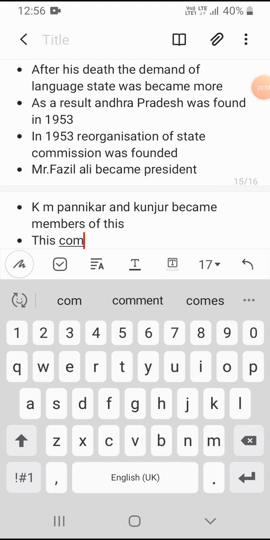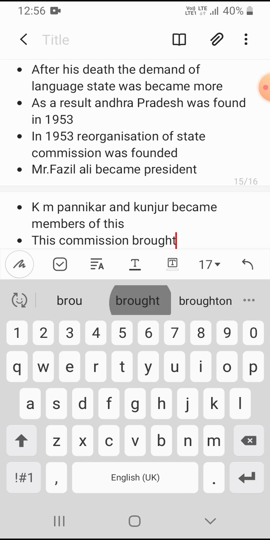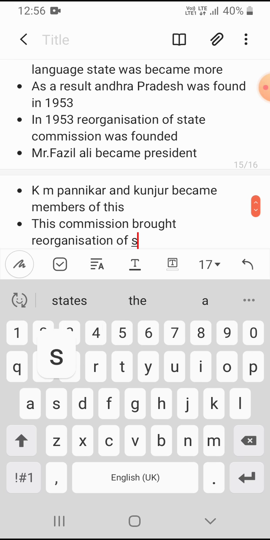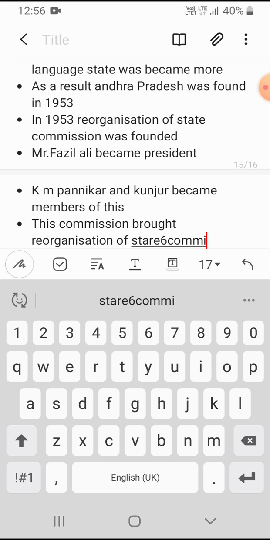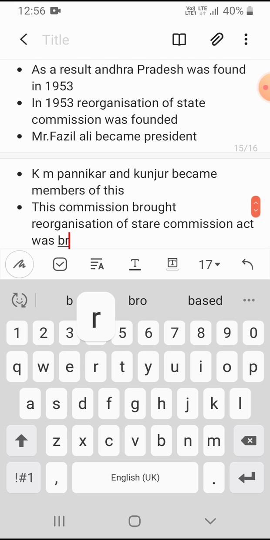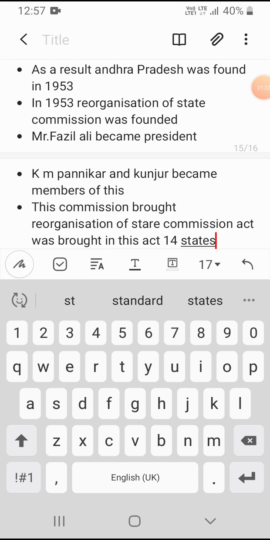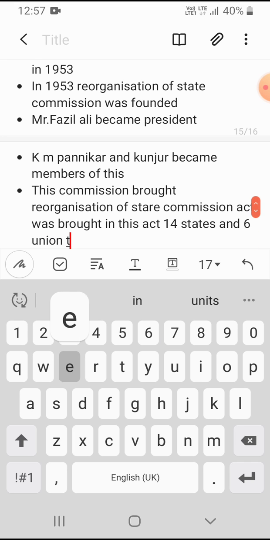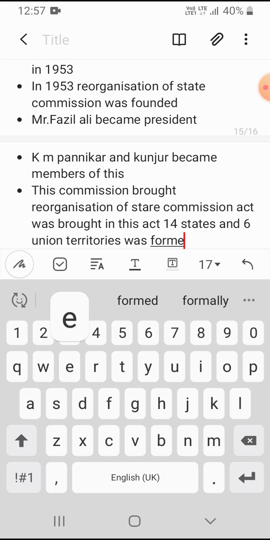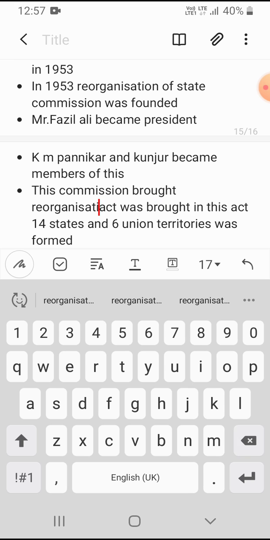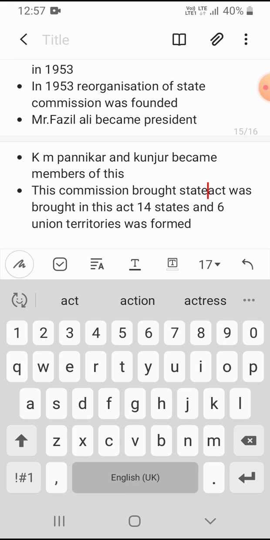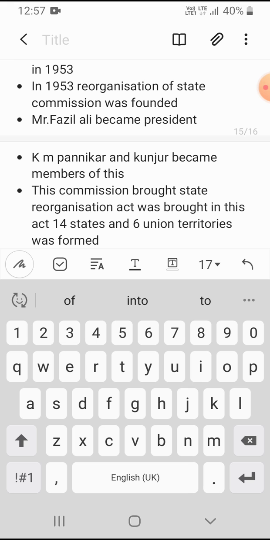This commission brought the States Reorganization Act. Under this act, 14 states and 6 union territories were formed. Not the committee, it is the States Reorganization Act that was brought.